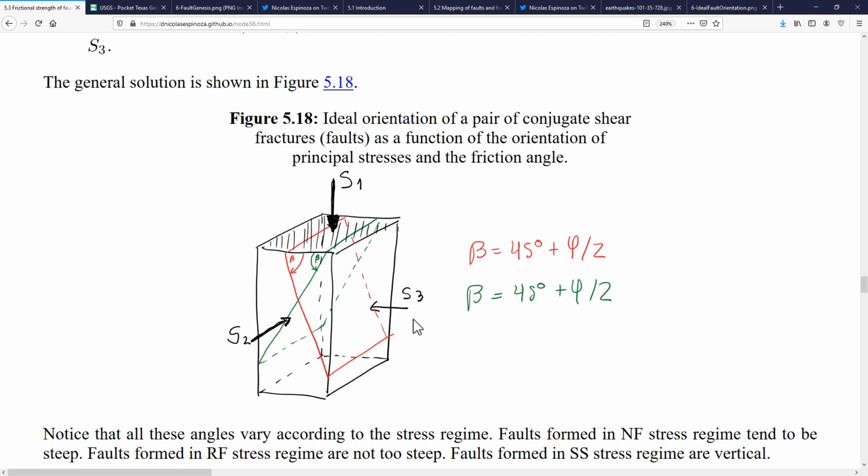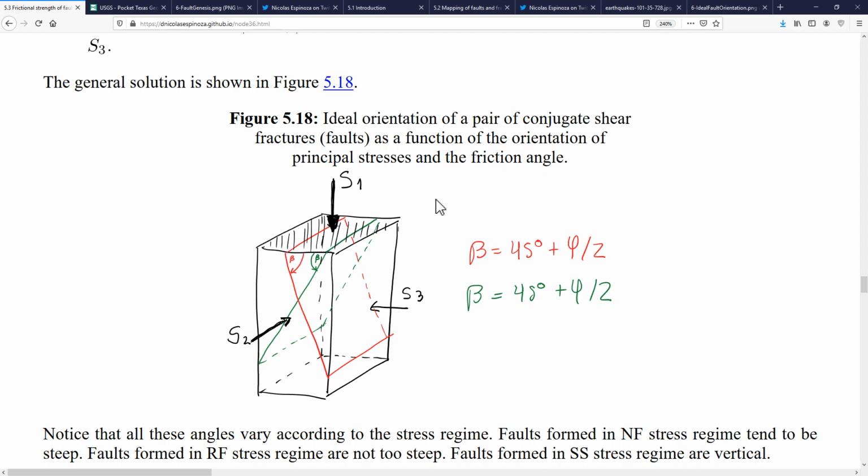So, considering those facts, now we can calculate what is beta and also the strike of the fault, considering a three-dimensional state of stress. And depending on the direction of S3, I'm going to have the direction of the strike.